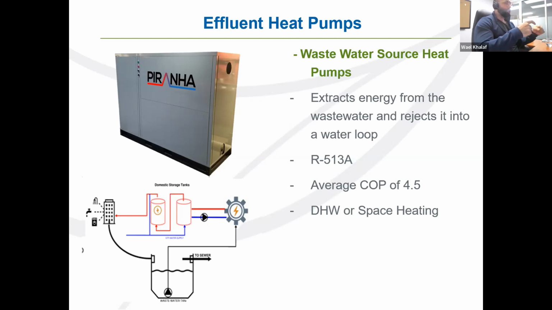Based on the heating demand of that pumping station, extracting just 300 GPM of that effluent flow was enough heat energy to heat the whole pumping station. So imagine you have 3,000 GPM coming in. We only have to take 300 of it, run it through a Shark, not this unit, but a Shark unit, extract the energy out of it, and then we're able to heat the whole building.